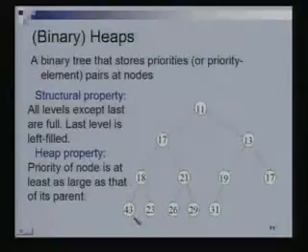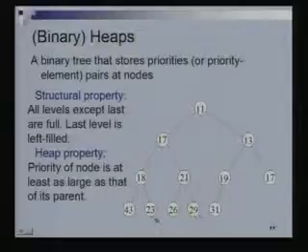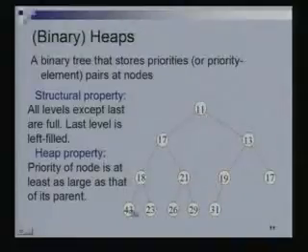And the last level is what we will call left filled, which means that all the nodes on the last level are as left as possible. So there could be 8 elements, there are only 5, but these 5 nodes would be the first 5 if I were to move left to right. So that is the structural property of a binary heap.